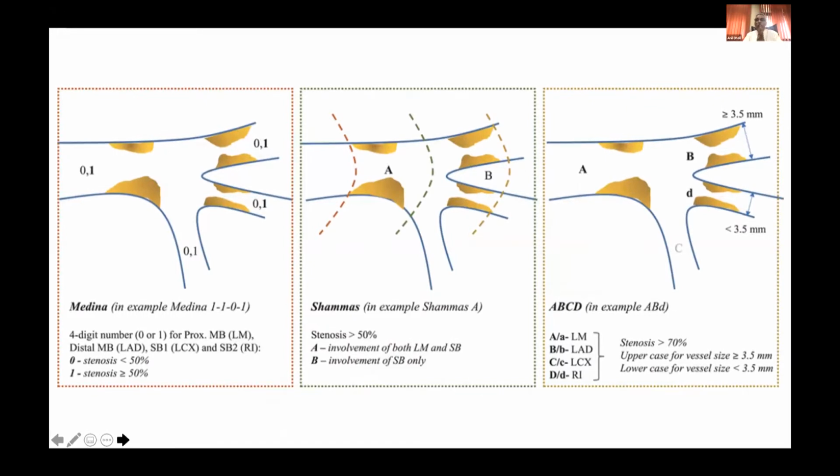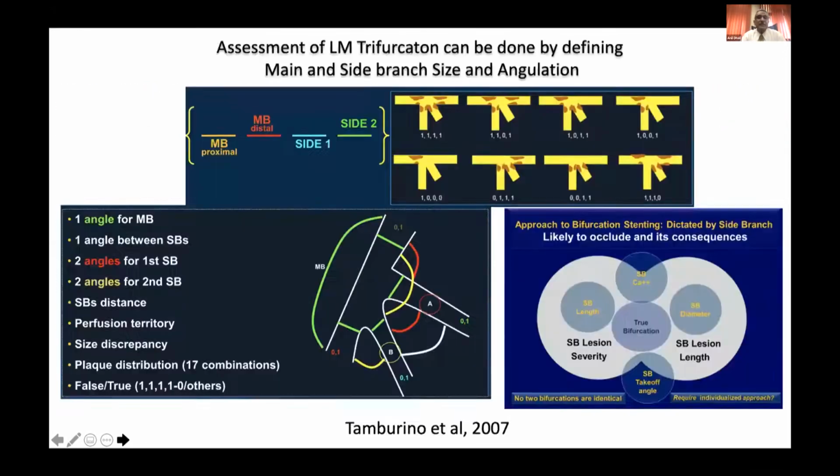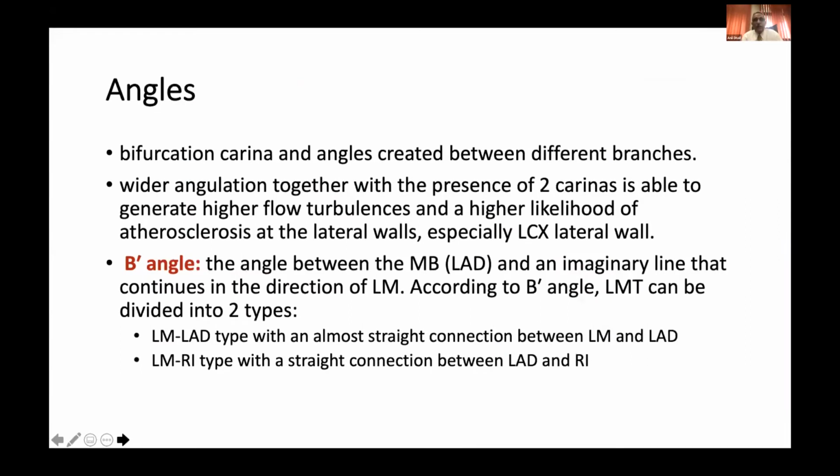So, if you look at it, we need to know whether the left main stem is diseased, whether one or all of the trifurcation vessels are diseased, and how badly is the carina involved. So this we can do by identifying the main and side branches. We can look at the various angles, but there is a little discussion on the B prime angle, which is the angle between the main branch, which is usually the LAD, unless the LAD is type 1, and an imaginary line which continues in the direction of the left main.